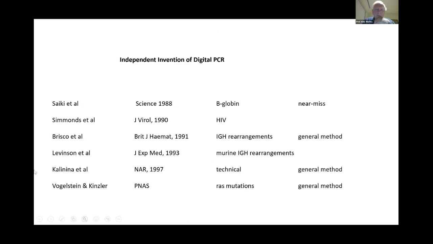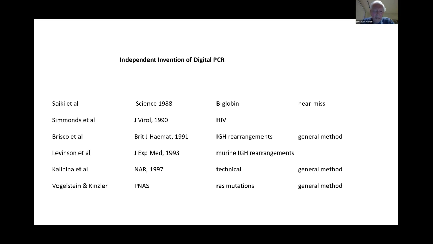The earliest real techniques, I think, were developed simultaneously by Simmonds' group and our own group. Simmonds used digital PCR, diluted down material to quantify HIV genomes. And we diluted down rearrangements for the purpose of quantification. We realized immediately, of course, that this could be a general technique.